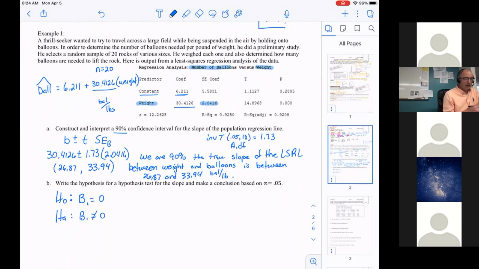Now I've introduced a variable here. B is the true slope of the least squares regression line between weight and balloons.